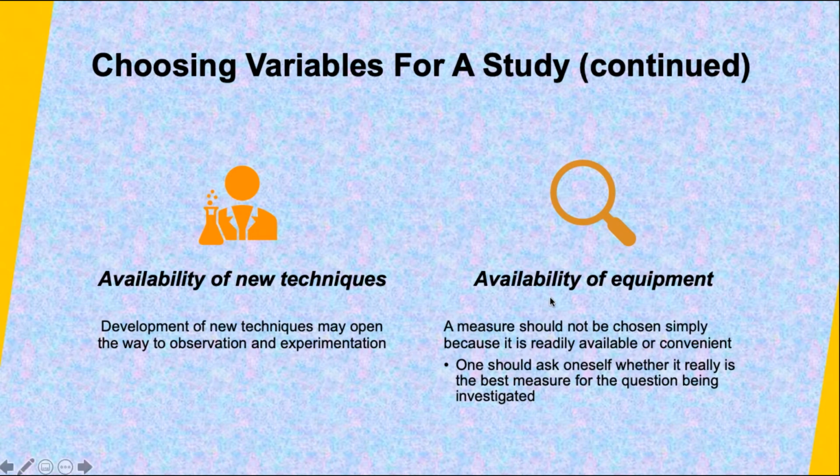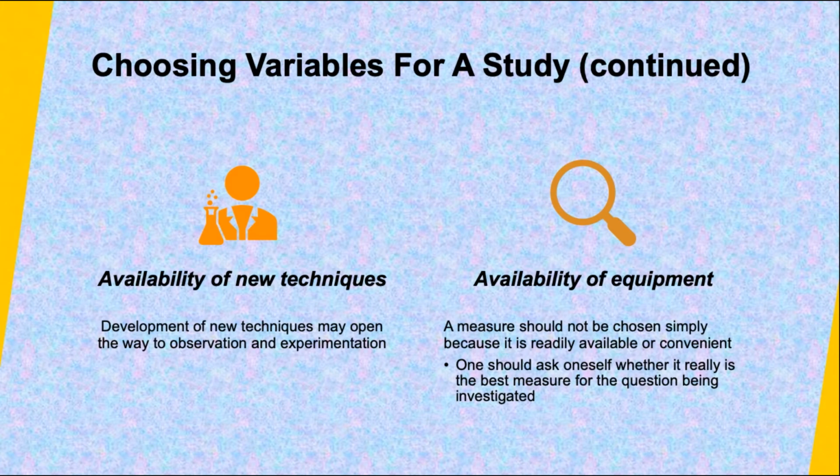Then availability of equipment. You are always tempted to adopt measures for which you already are equipped. If the chosen measures provide a reasonable answer to your research question, this decision is not wrong. You are making the right decision.